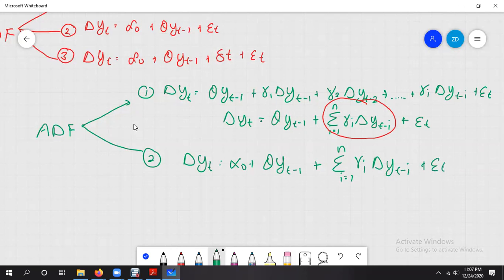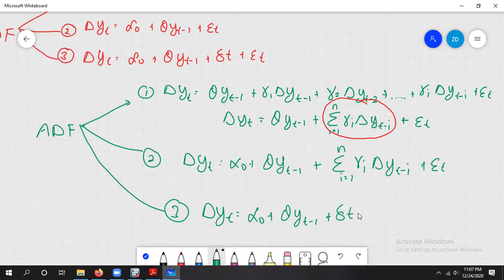And for the one with intercept and trend, our model becomes something like this: theta yt minus 1 plus lambda t for the trend, and we put the augmented terms.